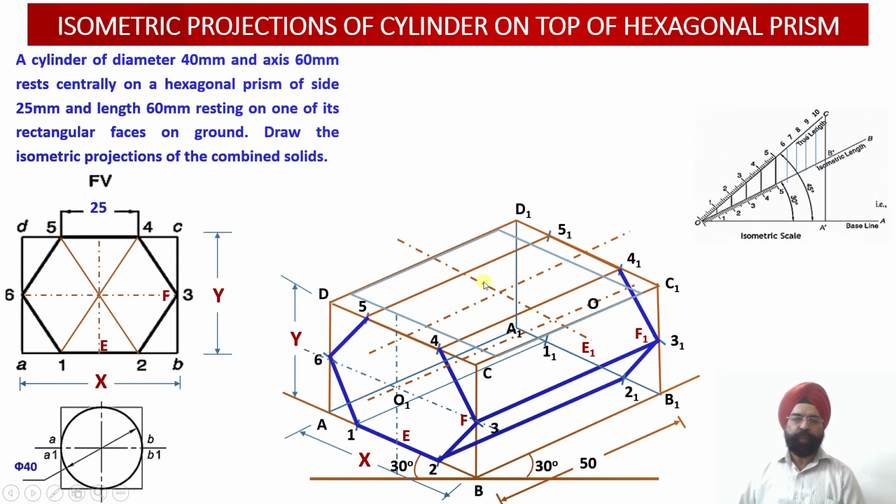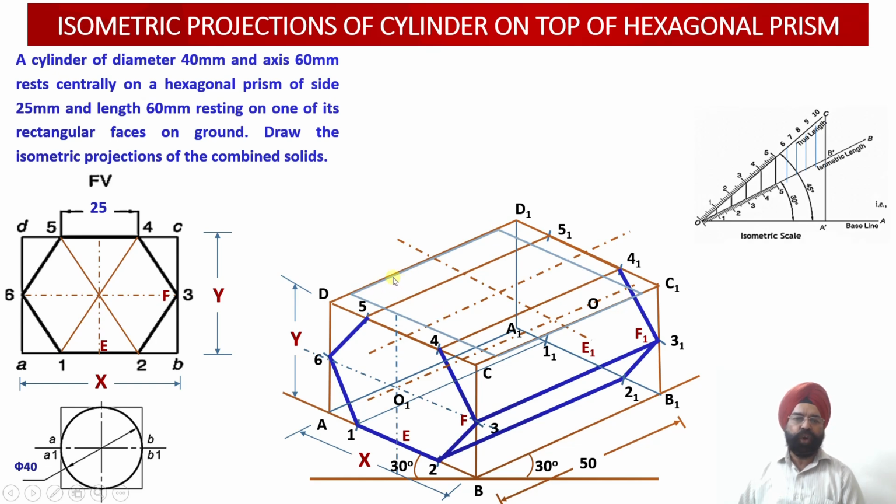Similarly, corresponding to this axis line, on the left side, again I have drawn a projector line with an offset of 20 millimeter. Similarly, on the right side, I have drawn another projector line with an offset of 20 millimeter. Please check, with respect to this reference line or center line, the 20 millimeter offset line, you see the sky blue line which I have drawn.